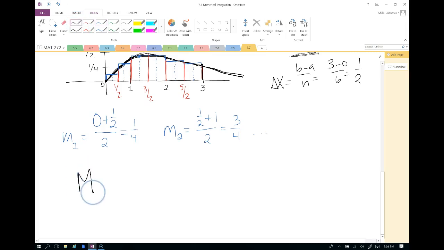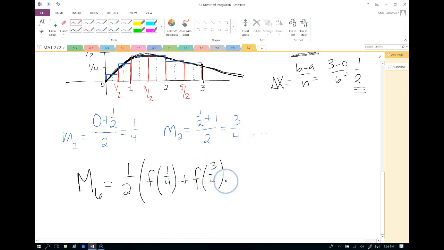So our midpoint estimate, when we break this up into 6 rectangles, well, all of our rectangles are a half a unit wide. And to get my height for my rectangle, I'm finding the function value at the midpoint. For rectangle 1 we said was 1/4. The midpoint for rectangle 2 is 3/4.